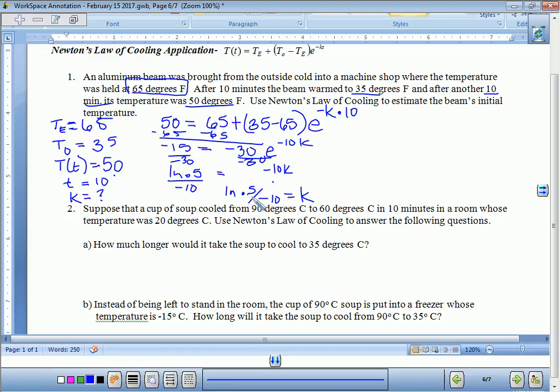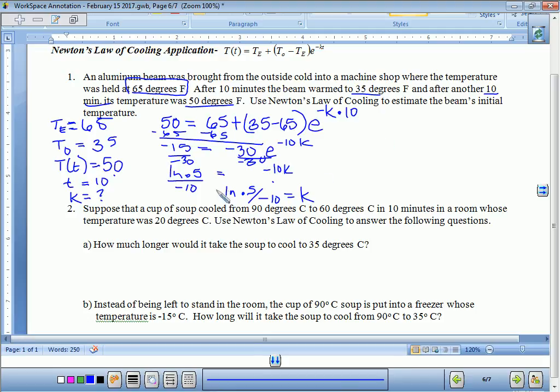Your idea is correct if they gave us the initial temperature to start with. Because time would be 0, all of that would go away, and we'd be left with T naught. But we weren't given T naught. So the only way to get back to it is to go through this.